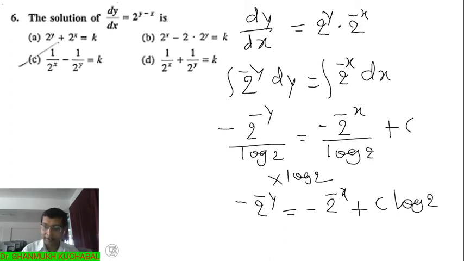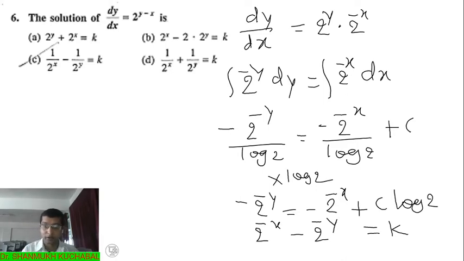So c log 2 is a constant, so we take it as k. One more, minus 2 raised to minus x, we transpose it to the LHS, it will become plus 2 raised to minus x, and this is minus 2 raised to minus y.